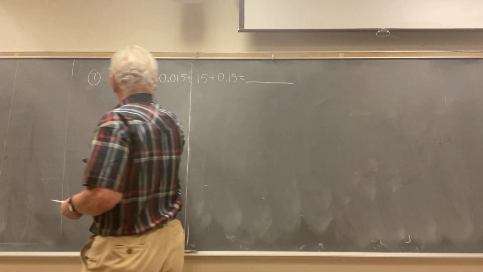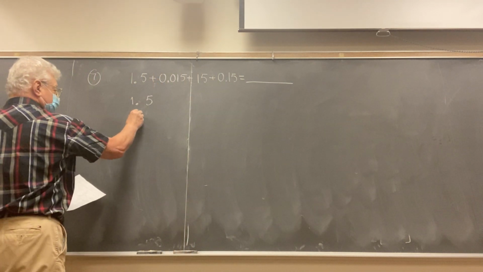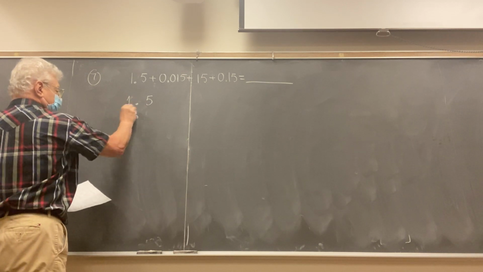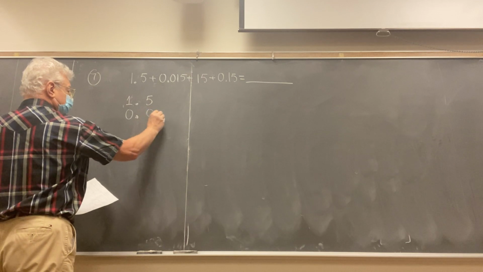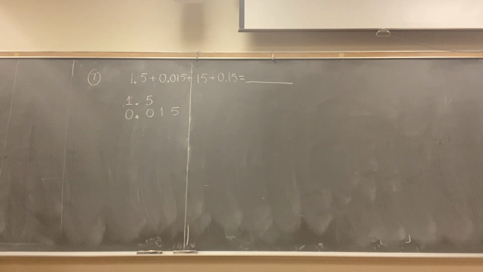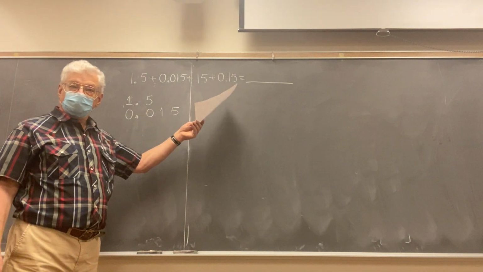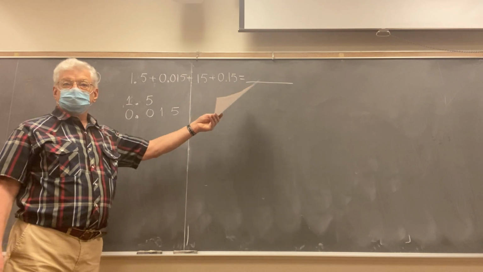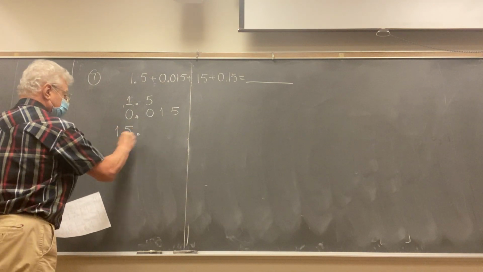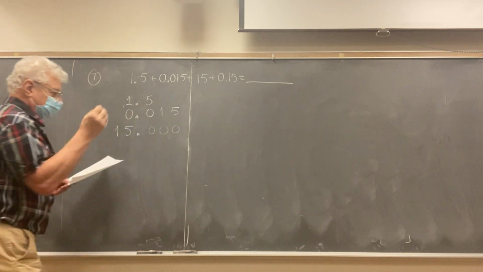So you start writing 1.5. Next you write the dot here. So 1, then you write 0, then 0 here, 1 here, and 5, right? Very neatly. Next number is 15. 15 is 15.000, so you just write 15 like that, and then you write 0, 0, 0, or don't write anything.